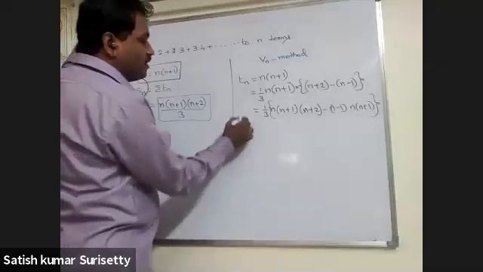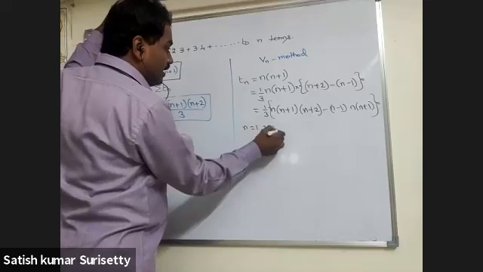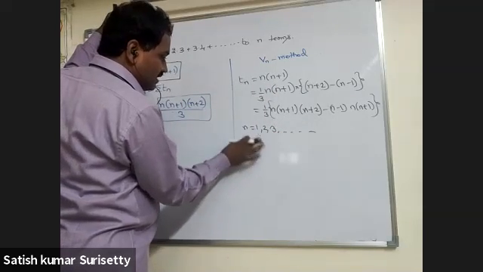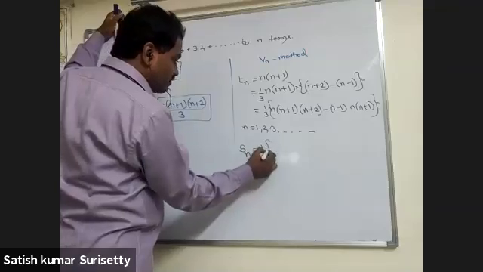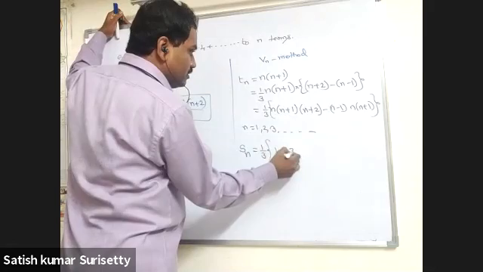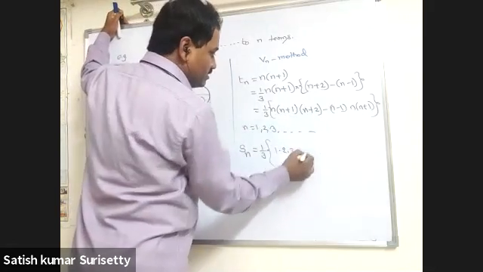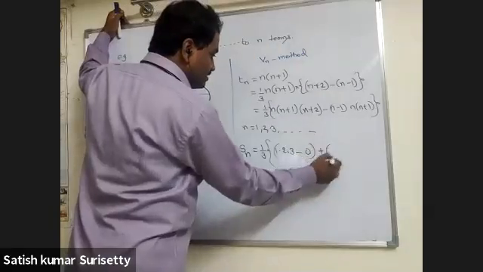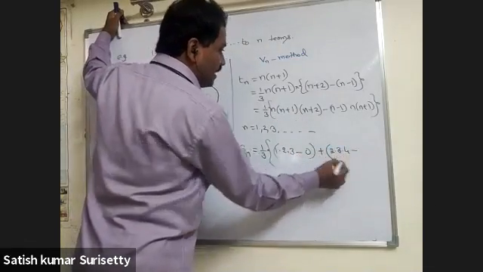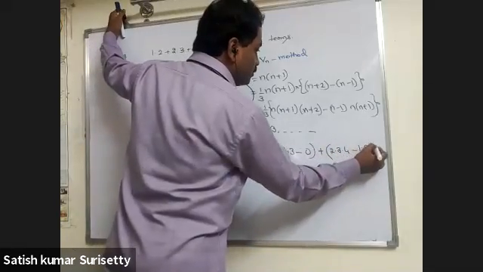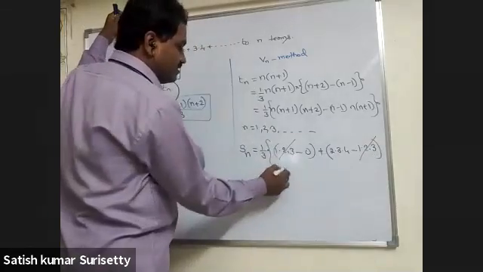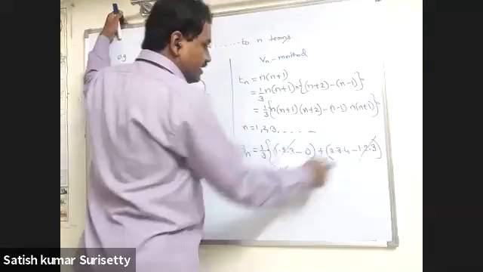Now substitute n equal to 1, 2, 3 and so on and add all. That is Sn. Sn equal to 1 by 3 into, when n equal to 1, so 1 into 2 into 3 minus this will be 0, plus when n equal to 2, 2 into 3 into 4 minus 1 into 2 into 3. Now if I observe these two, 1, 2, 3 gets cancelled. Now we have written n equal to 1 and n equal to 2.